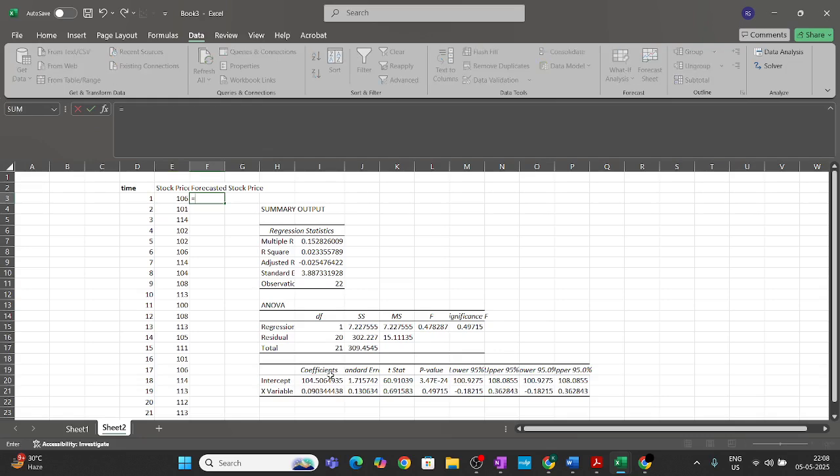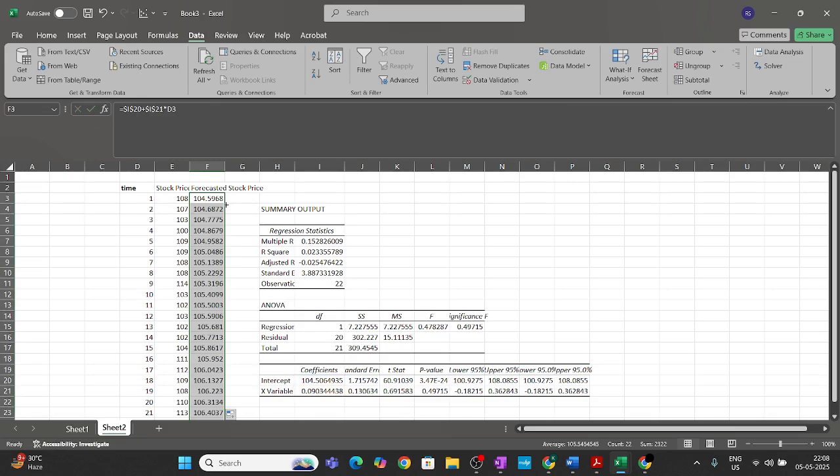But the basic idea is it's going to look something like this: 104.50 plus beta 1 into time, right?